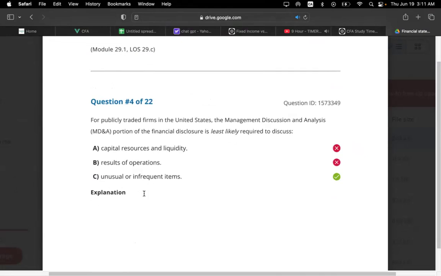Question 4. For publicly traded firms in the United States, the management discussion and analysis, which is the management commentary, portion of the financial statements disclosure is least likely required to discuss capital resources and liquidity, results of operations, unusual or infrequent items.